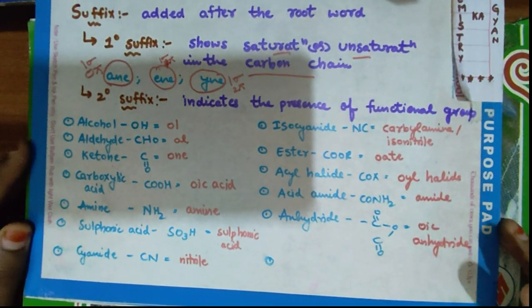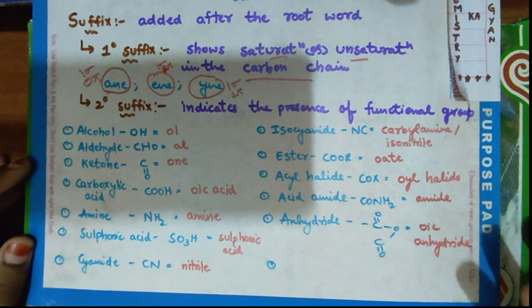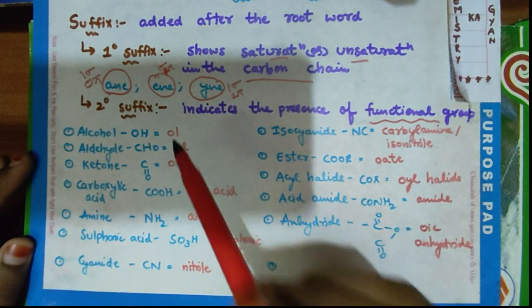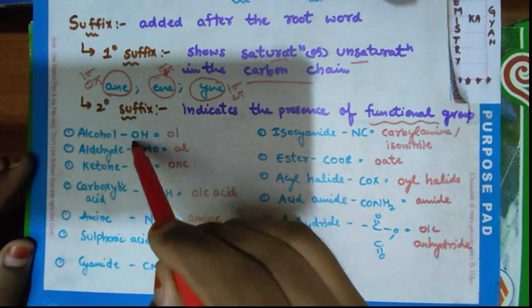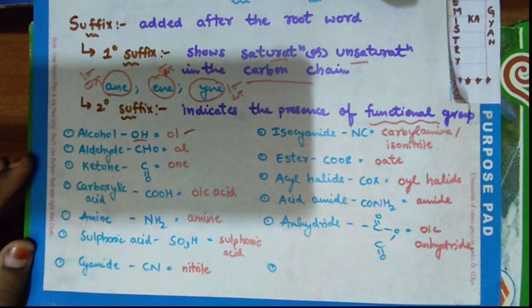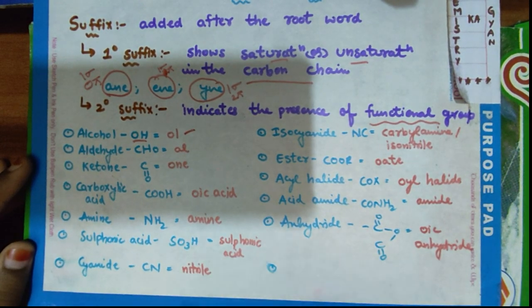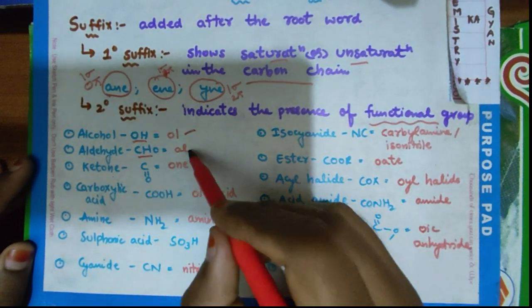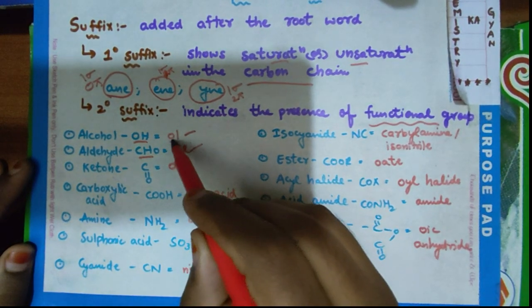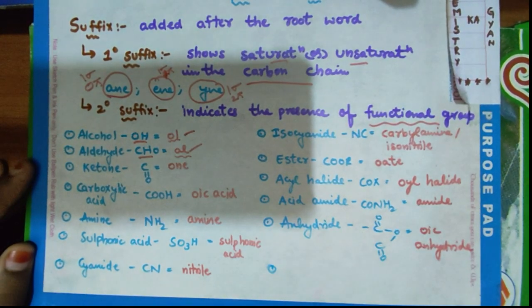Now secondary suffix. Secondary suffix indicates the presence of various functional groups. For alcohol, that is OH group, we give the suffix ol, like ethanol. If it is aldehyde, we give al, ethanal, not ethanol. So it's a difference: it is OL, it is AL. Don't get confused.